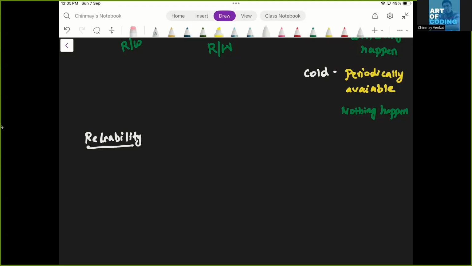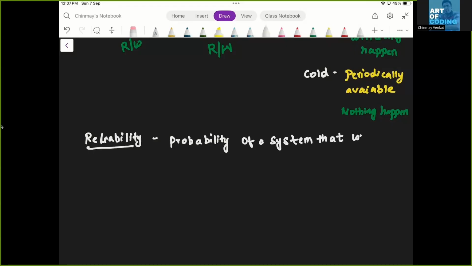Reliability means the probability of a system working correctly without a failure for a given period of time. The probability of a system that works without any failure, that is nothing but reliability.